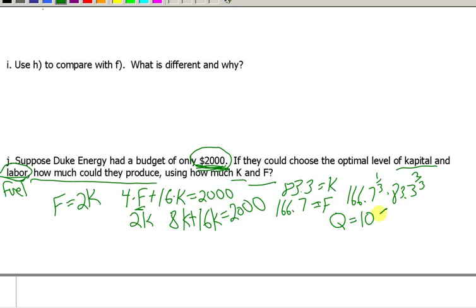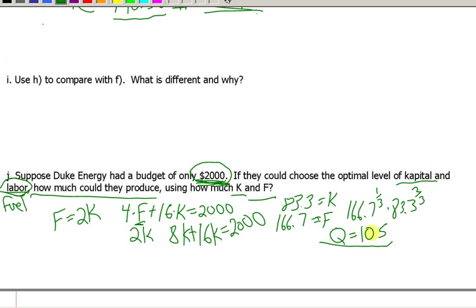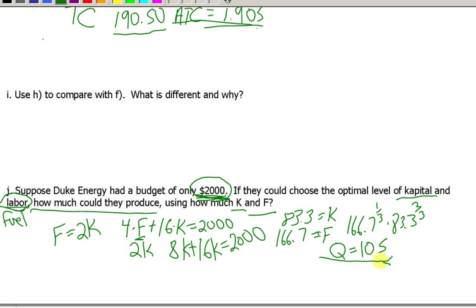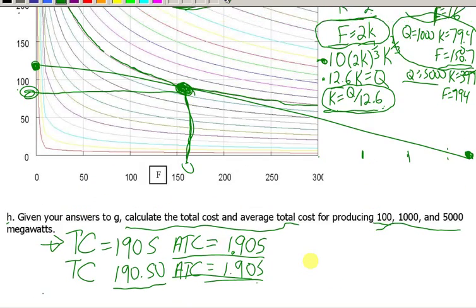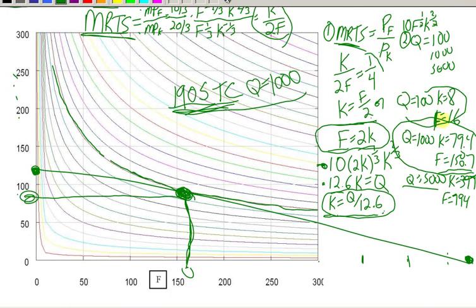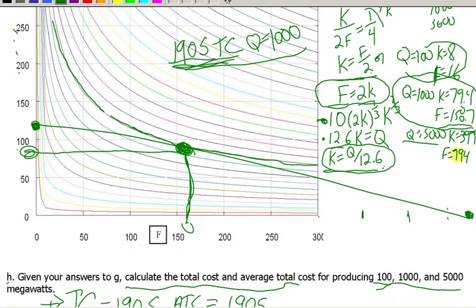105 units of output. Now let's see if this answer makes sense. Let's compare it to our answer when we had 100 units of output up here. With 100 units of output, we were going to use 8K and 16 Fs.